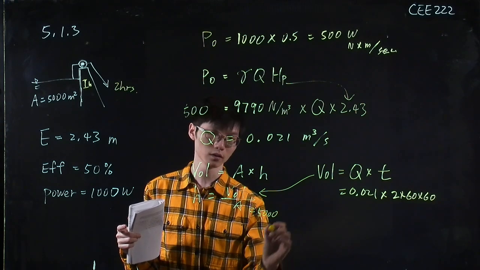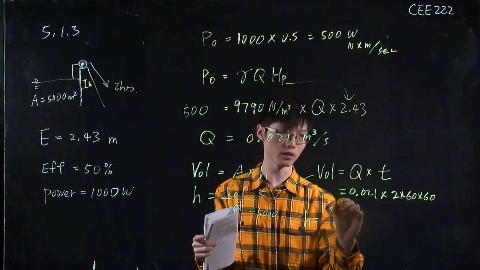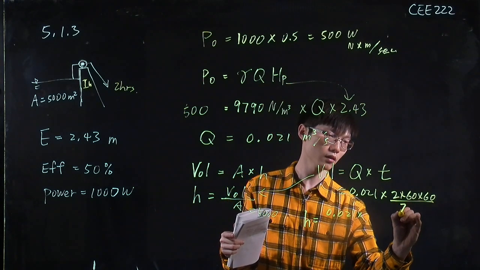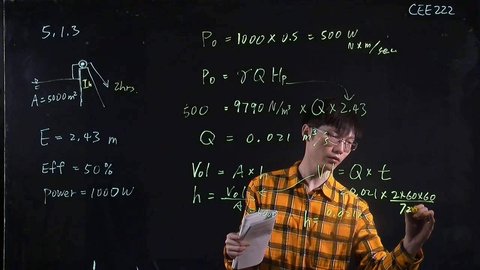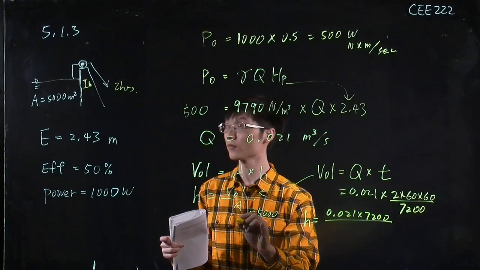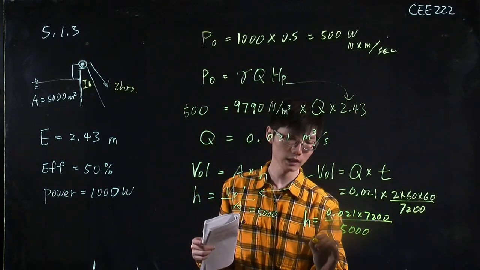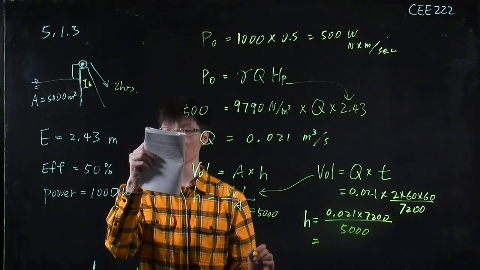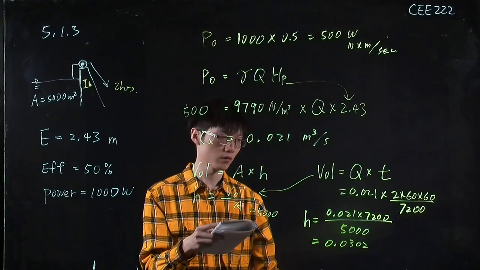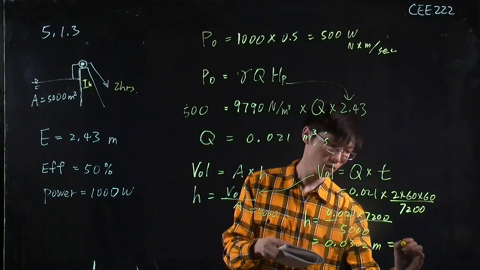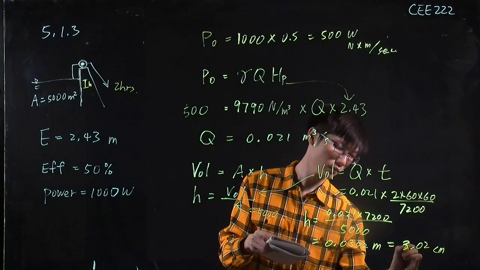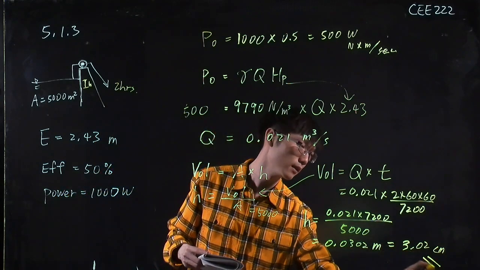So the drawdown H is equal to 0.021 times 7,200 divided by 5,000, and this will give us that the drawdown is equal to 0.0302 meter, which is equal to 3.02 centimeter. Okay, so we have solved this problem.